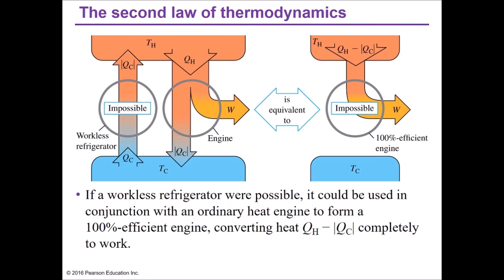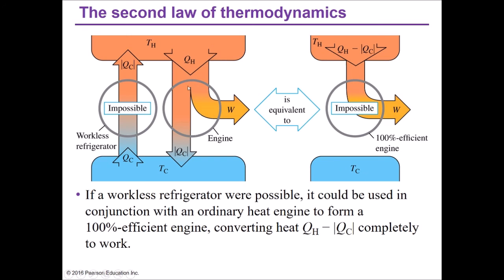So, here are the visual versions of these laws. It's impossible. The heat engine on the right here can't do this. You can't take heat out of a hot reservoir and have it be 100% efficient and do work. Something has to be expelled down to here.